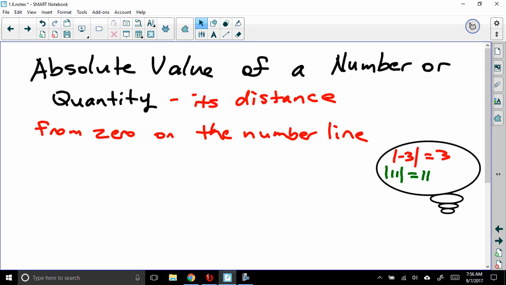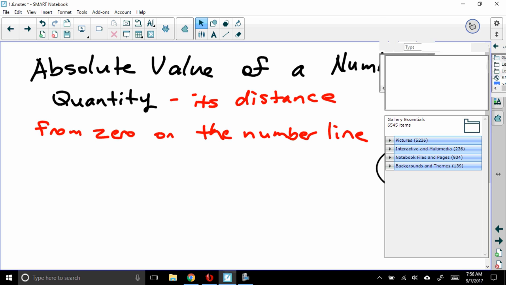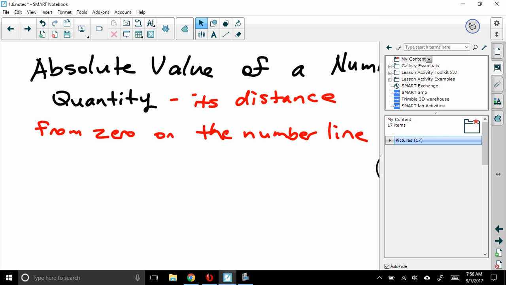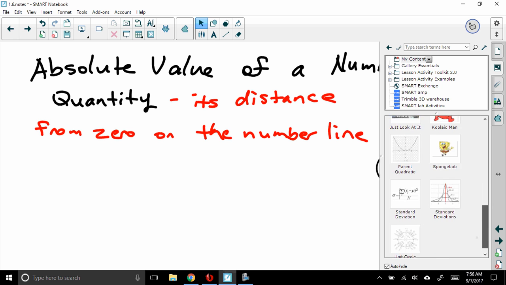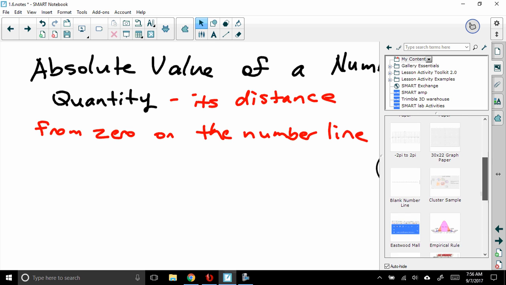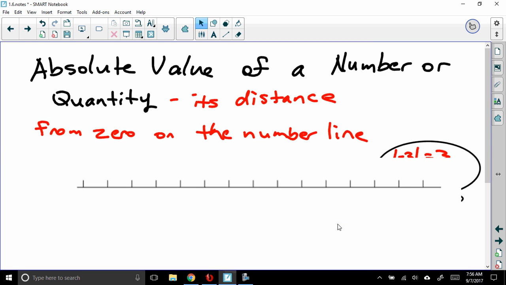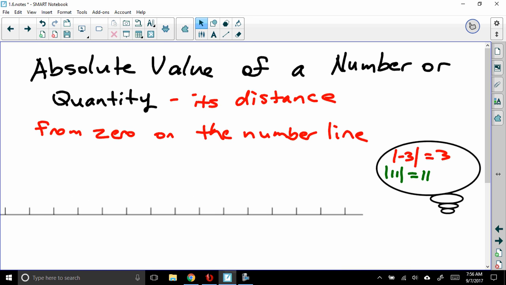The number line is one of those things that oftentimes we take for granted. We're like, yeah, we know what it is. Well, do you really know what the number line is? Do I have a number line in here? I don't. Yeah, I do. There you go. There's a number line. Okay. So the number line should extend on and on forever. And if you picture 0 somewhere here, and we're talking about something like the absolute value of -3, what we're asking ourselves is, how far is -3?